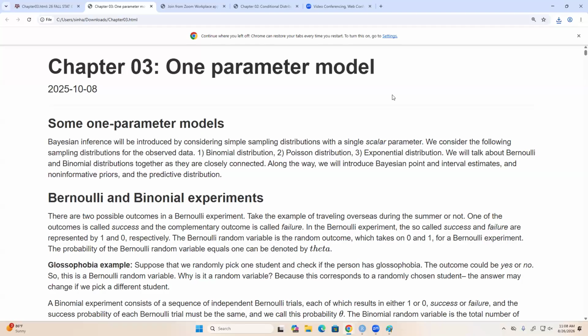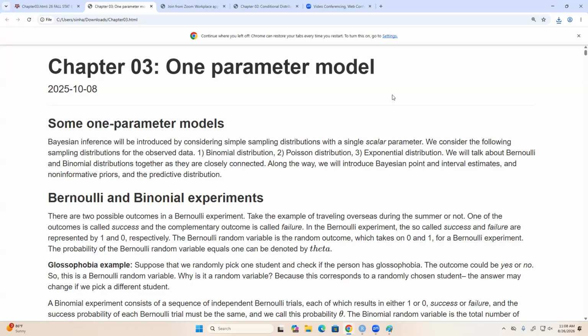So what we learned in chapter 1 and chapter 2, the basic concepts and basic calculations, we'll apply in chapter 3. Chapter 3 starts with one parameter models, like the binomial model, like the Bernoulli model, right? So there is only one unknown parameter, the success probability, or the Poisson model, where the rate parameter is the main quantity, generally unknown, and we want to make inference about that.